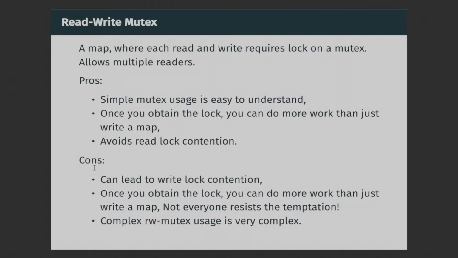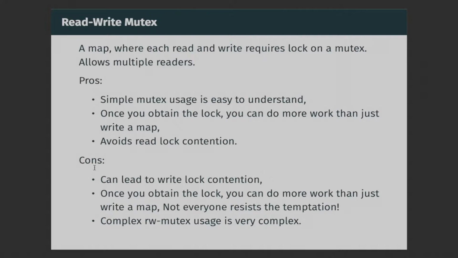If you are worried about lock contention, you can use a read-write mutex. Just to ensure we're on the same page, a read-write mutex allows concurrent reads and only one write, so it tries to avoid lock contention.